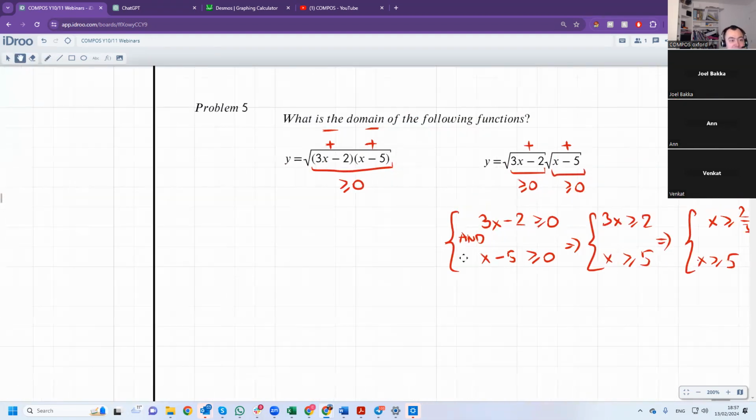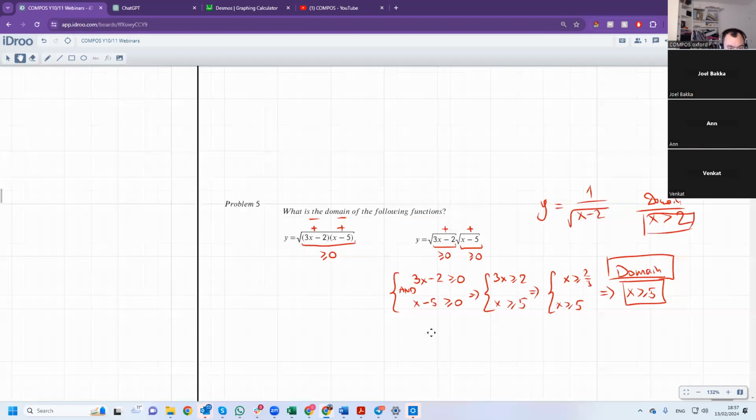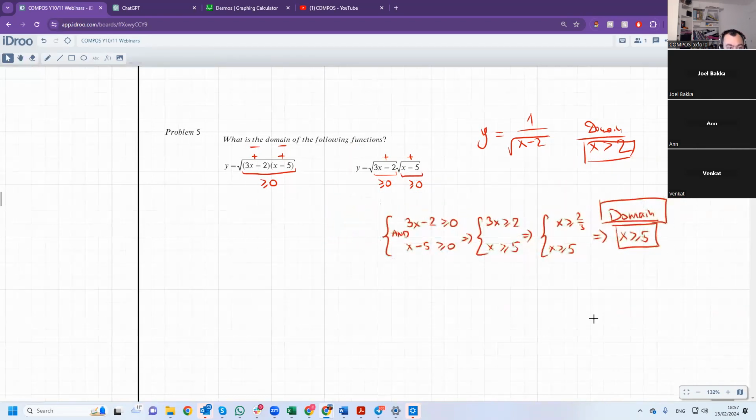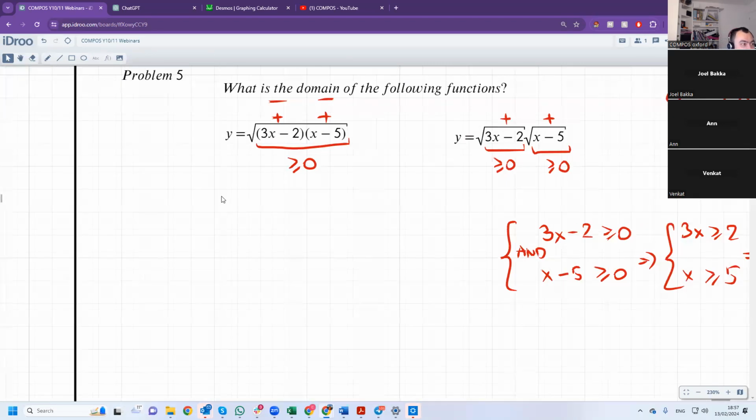Now here, it's a different story, because both of them have to be positive, or both of them have to be negative. And this is written like this. So 3x minus 2 is greater or equal to 0. X minus 5 greater or equal to 0.